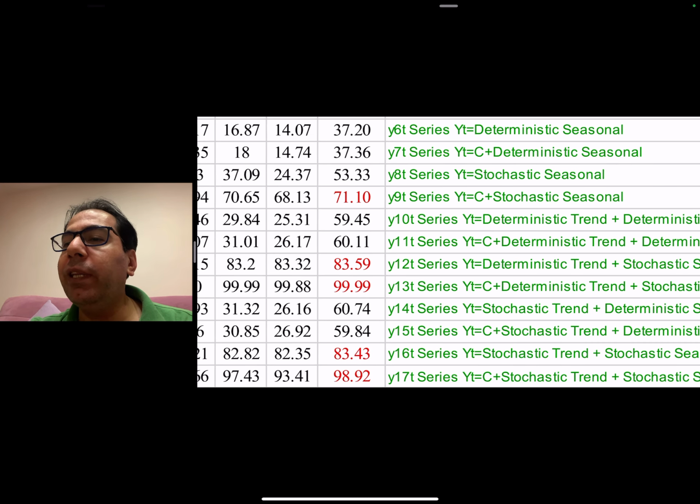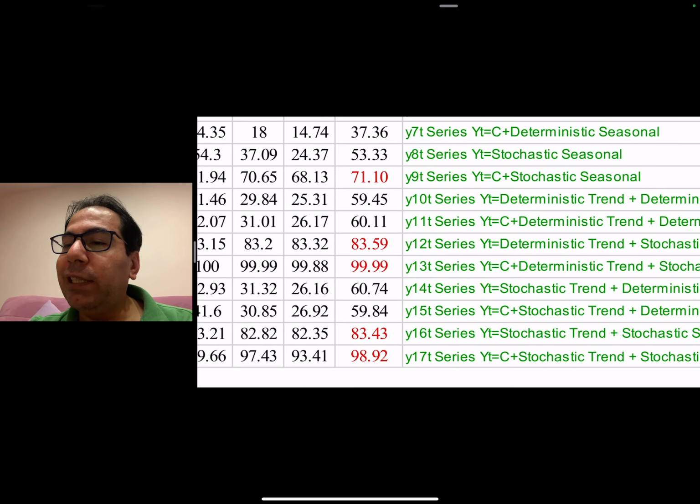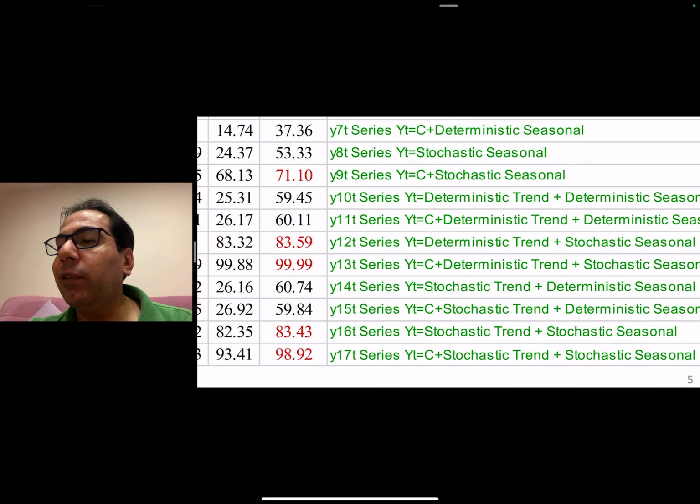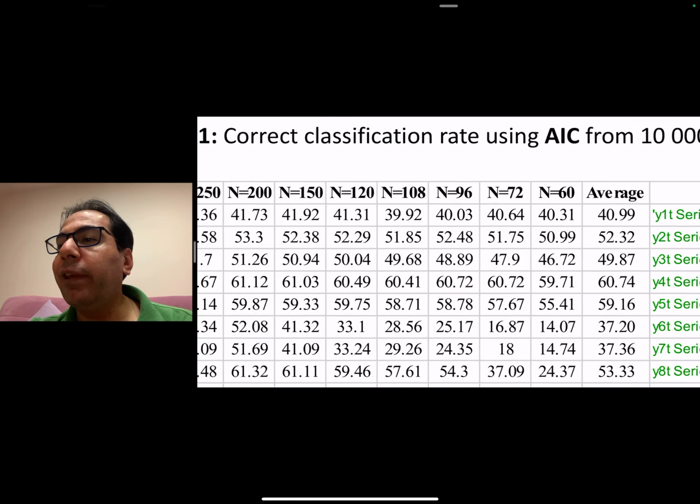Even if you try to fit 12 in place of 13, the Akaike will tell you that this time series is coming from model number 13. And 17 is also very successful using the Akaike information criterion.